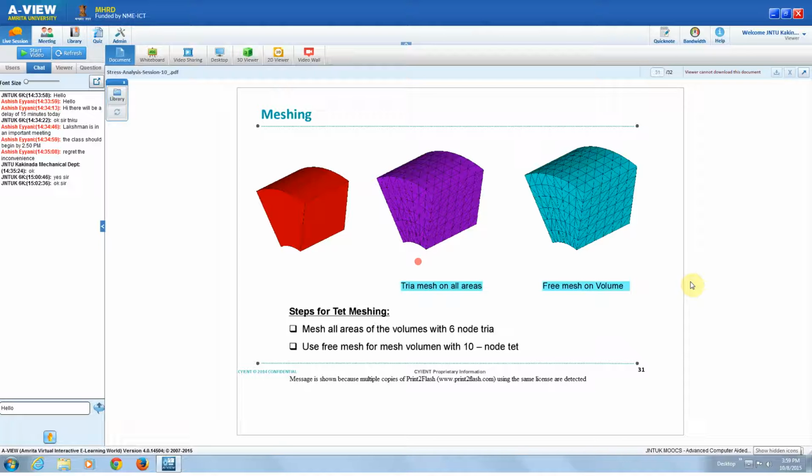And one more important thing is, one requirement of using mid-side nodes is to get very accurate results. The second is to capture the geometry. Suppose I put trias or linear elements, it will look like this. So it won't capture the geometry.